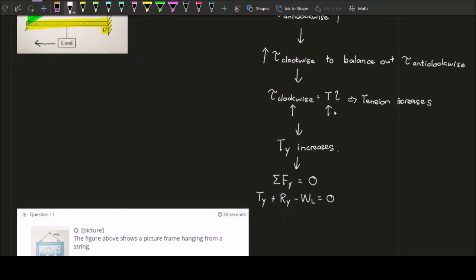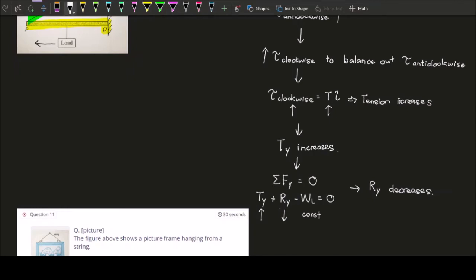So from here you know that if you increase Ty and you keep the weight of the load constant, for the sum to be equal to 0, if you increase Ty, it means you have to decrease Ry. That's why from here we can say that Ry will decrease.